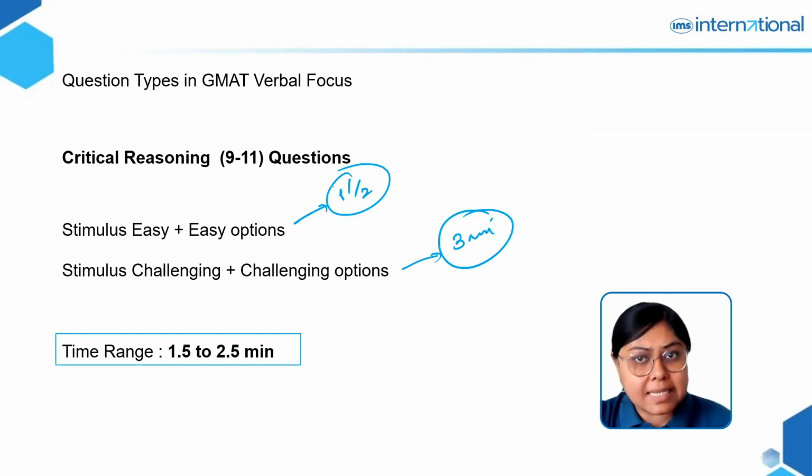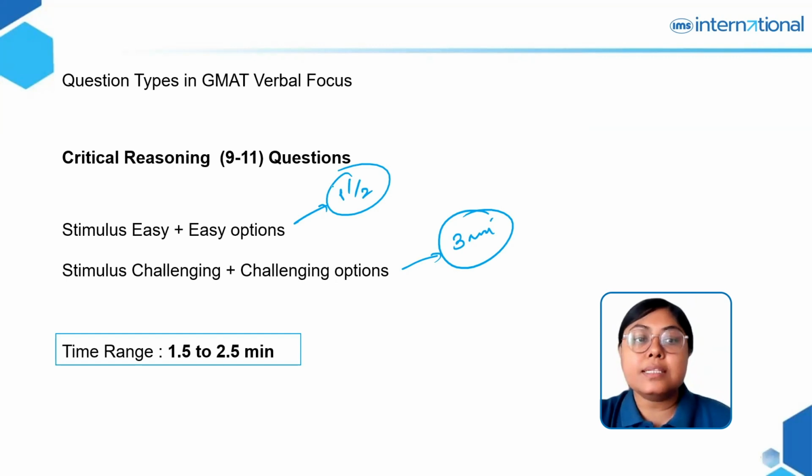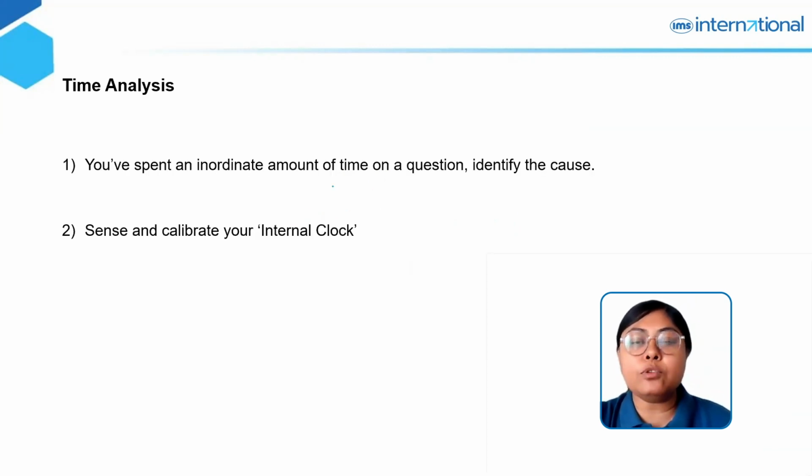Now, one last thing that I would like to tell my students. When you're prepping for this test and you look at average time per question, it's very important that you analyze. Many people keep thinking, I've spent so much time, so I'll just keep practicing and my timing will become better. No, my dear.